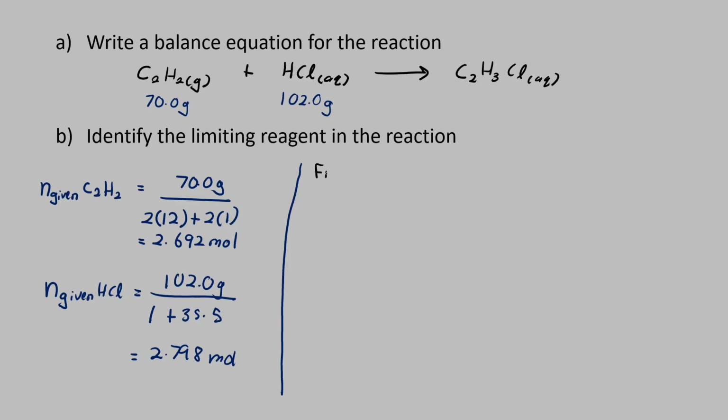From the balanced equation, 1 mole of ethene gas reacted with 1 mole of hydrochloric acid will produce 1 mole of vinyl chloride. It makes sense. Usually we compare reactants first, so later when we want to see how much product, we compare with the product. Now, to find the limiting reagent, we look for the reagent, not the product.